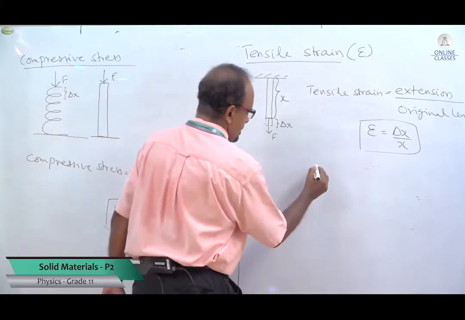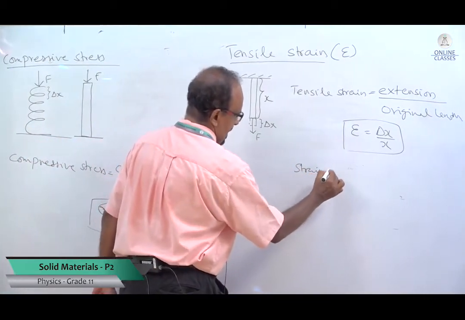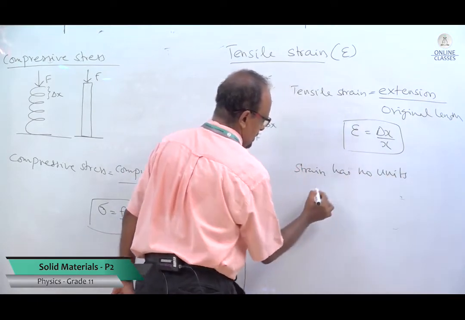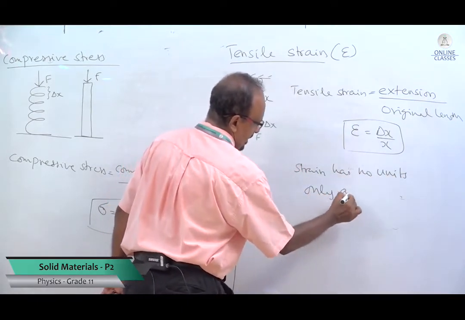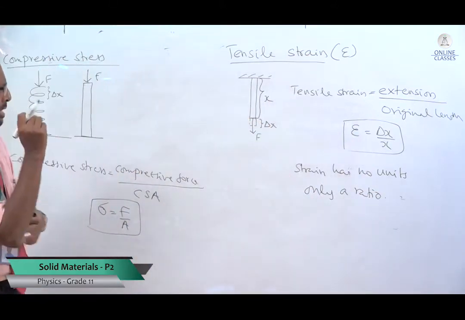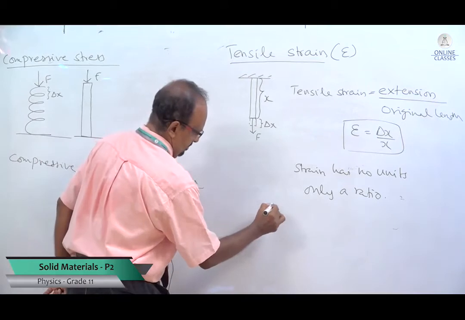Strain has no units, only a ratio. Normally strain is given as a percentage.